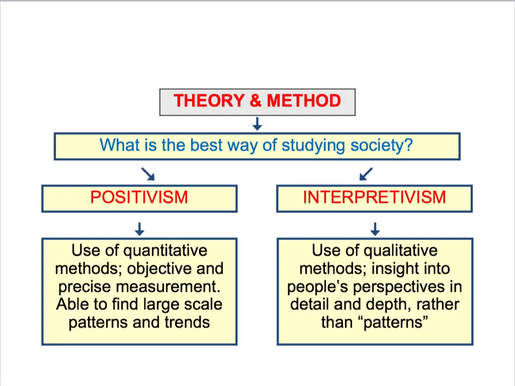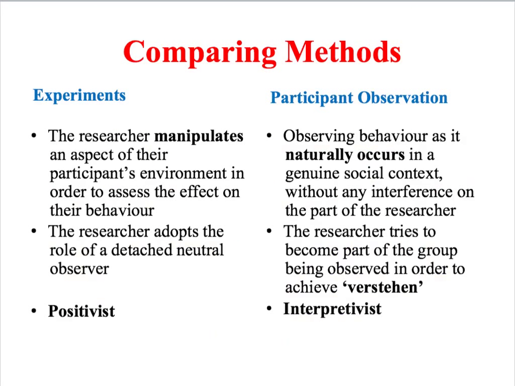And I think participant observation, out of all of the methods in sociology, is the closest in spirit to an interpretivist approach. Unlike experimental approaches, in participant observation, we're not manipulating an aspect of the participant's environment. We are trying to observe behaviour as it naturally occurs in a genuine social context without any interference.